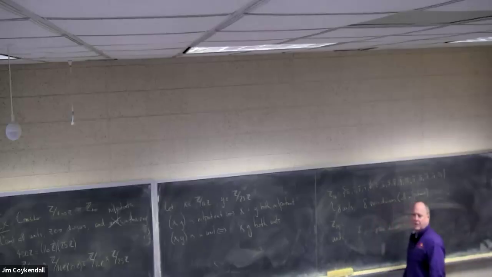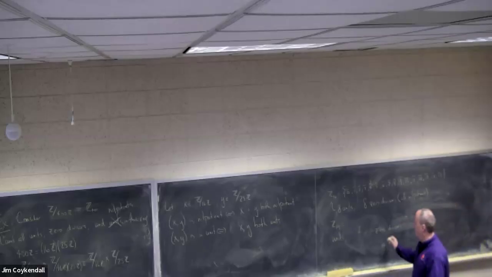How about Z25? You'll forgive me if I don't write these all out, but how many units are there? Or how about how many zero divisors? Actually, counting zero divisors here might be a little bit easier. How many zero divisors are there in Z25?